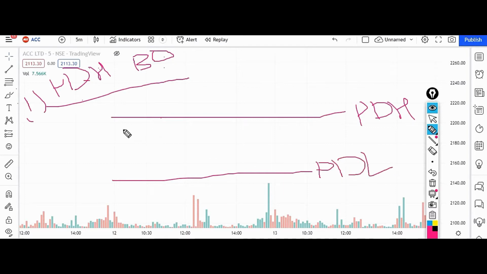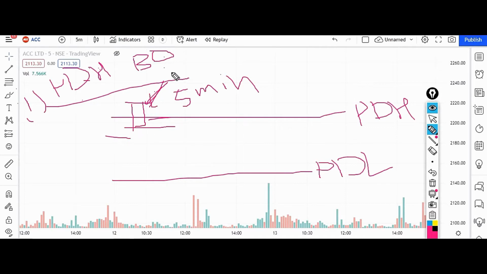If price breaks the PDH level and closes above it, and that candle must be on a 5 minute minimum time frame, then you can take a buy entry. Your stop loss would be below this candle, below this level, or below the previous high. You can plan your stop loss as per your risk management.